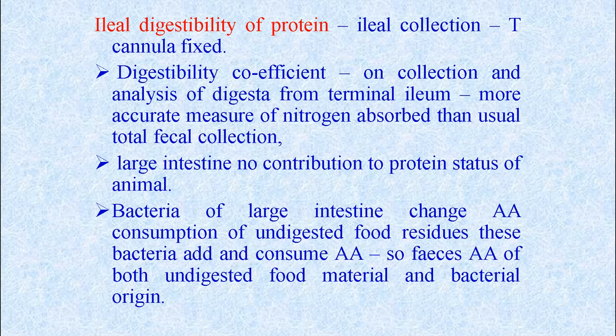In the case of ruminants, the large intestine does not give the protein status of the animal, because the bacteria of the large intestine change the value whenever there is consumption of undigested food residues.